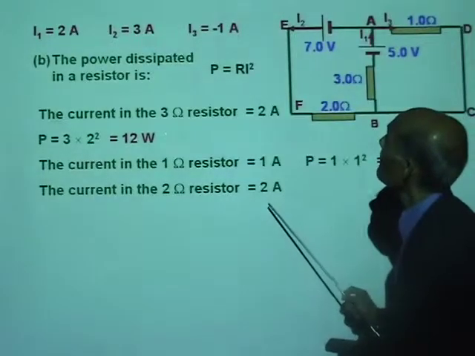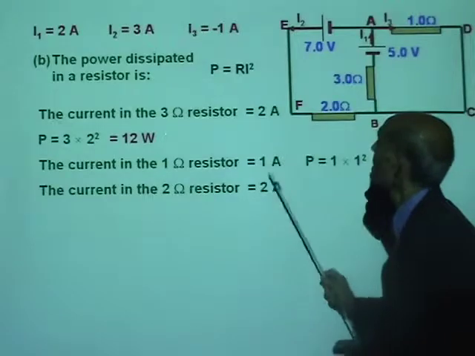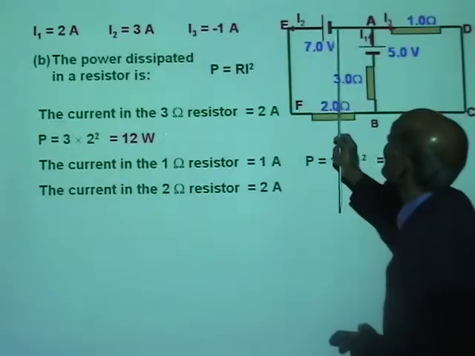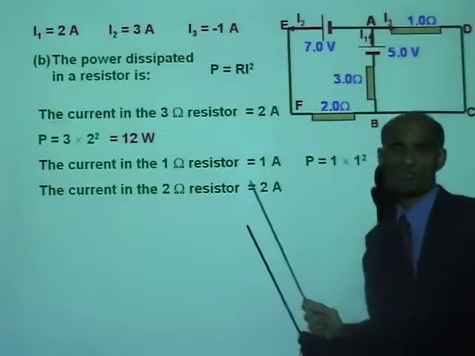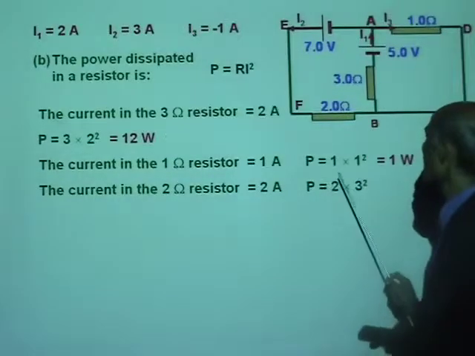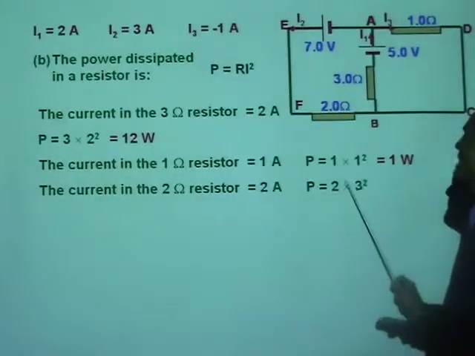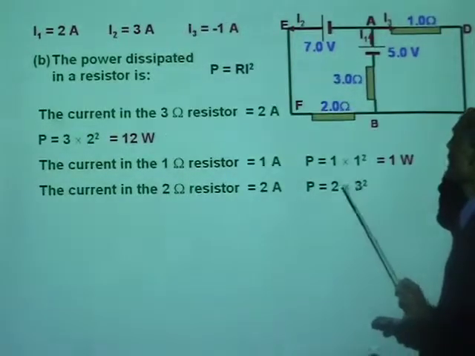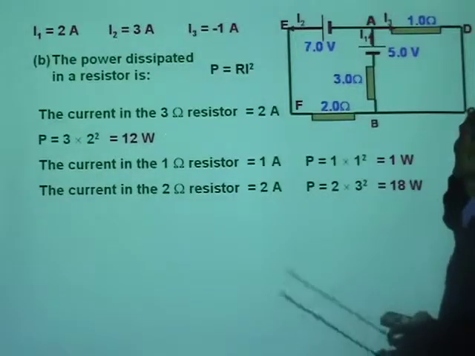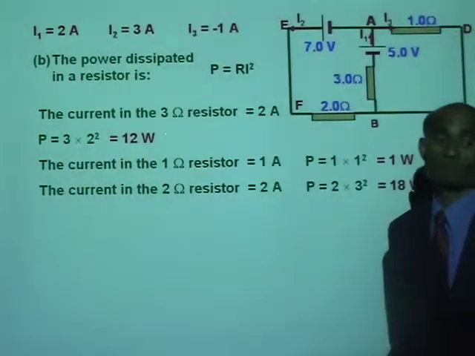Please make that change. Therefore, power will be Ri squared, 2 times 9, that is 18 watt.